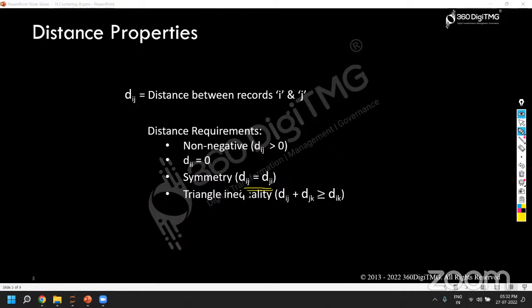And distance is always symmetric. So from point A to B, if I have a distance of 5 meters, then B to A is also 5 meters only, right? It doesn't change. We're talking about the shortest distance possible between two data points. So it will be symmetric. And then we also have the triangle inequality.